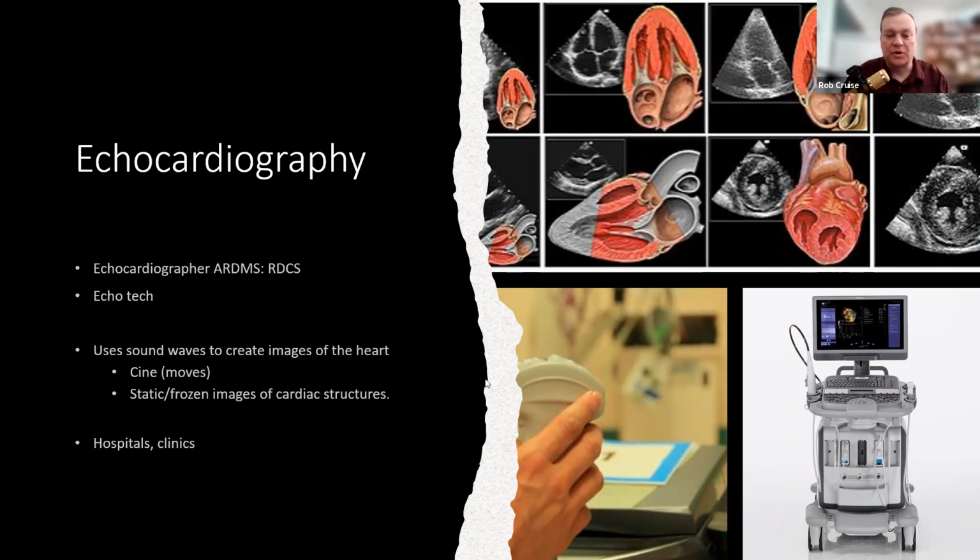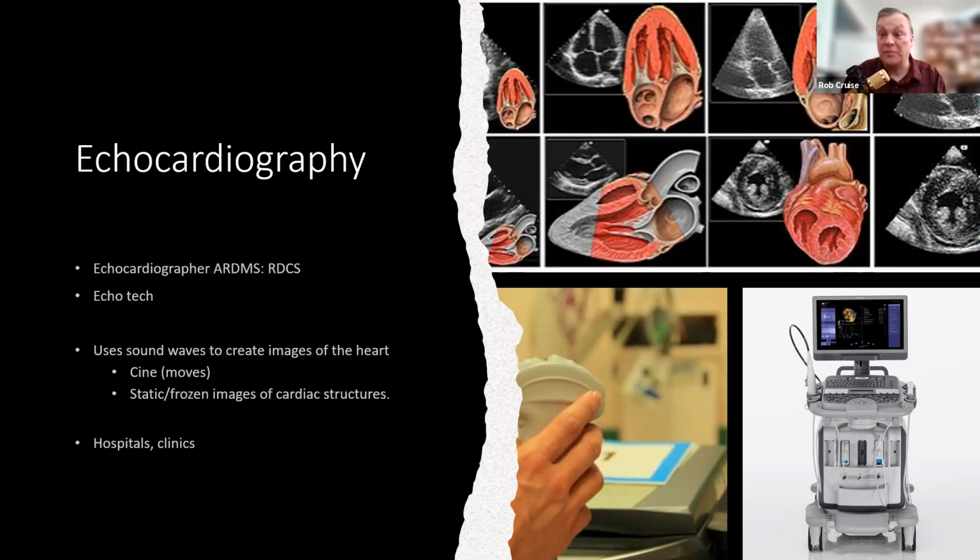Okay, so you'll find these in hospitals and outpatient clinics. And again, it's the ARDMS, so it's an ultrasonographer. It might be someone that has an X-ray background or not, but it doesn't really matter as long as they know what they're doing here. They don't have to be an X-ray tech.